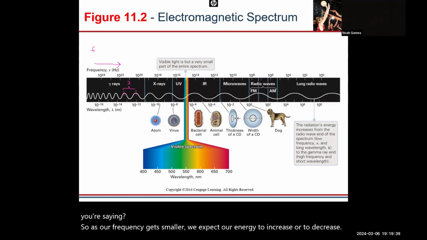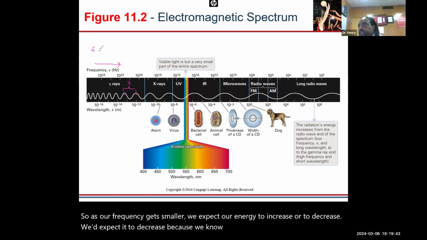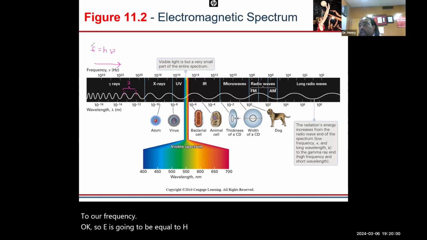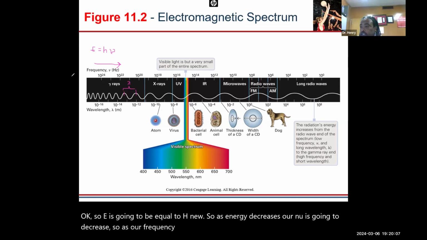My bad, decrease. We'd expect it to decrease because energy is directly proportional to our frequency. E is equal to h nu. So as our frequency decreases, our energy is going to decrease.